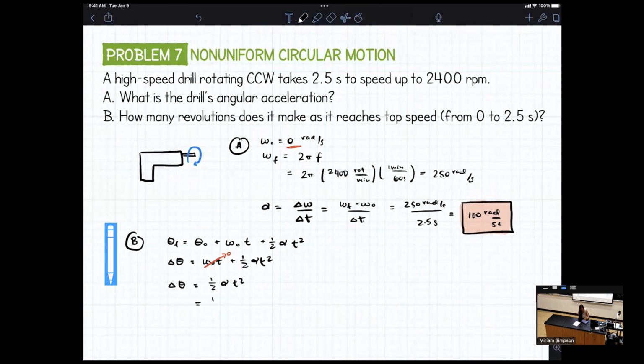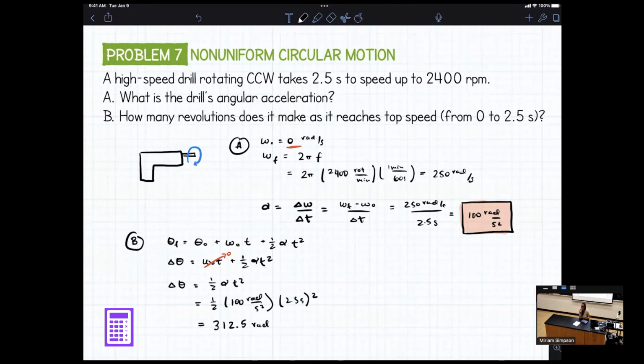Well, we know all that. 1/2, this is 100 radians over second squared, and then we have 2.5 seconds squared. So we plug all that stuff in, and that gives us 312.5 radians. Okay? What do we do with this?